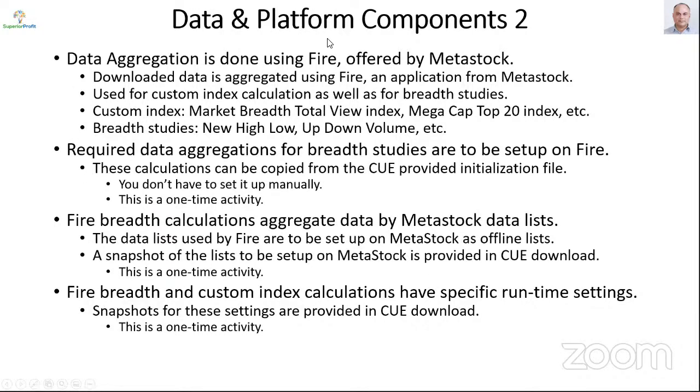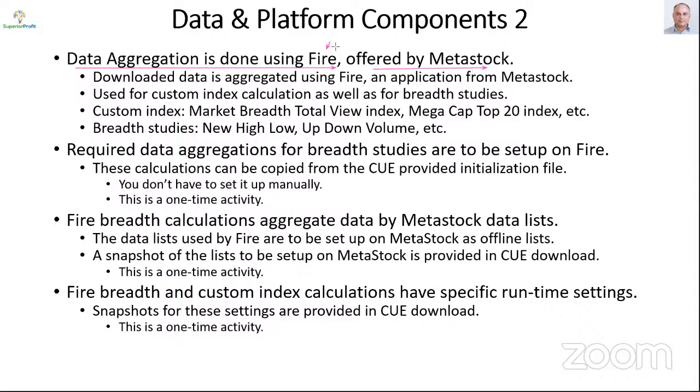Continuing with data and platform components, after the data is downloaded, breadth calculation requires aggregation, data aggregation. Data aggregation is done using FIRE. It is offered by Metastock, but not part of default Metastock charting program.